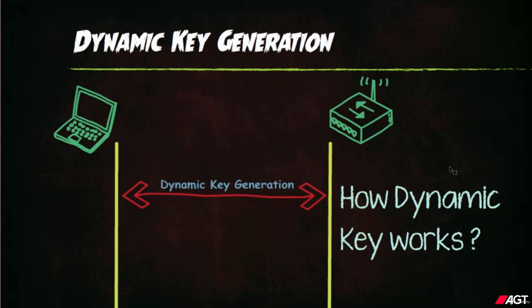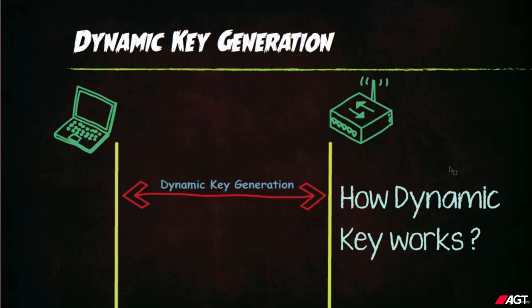And if I connect again, I'll get another dynamic key, different from the previous one. This is how WPA protocols work, and because of dynamic key generation, it is very hard to break. So now the question is, how does the dynamic key work?